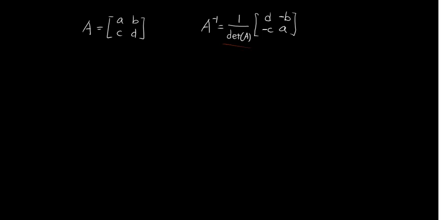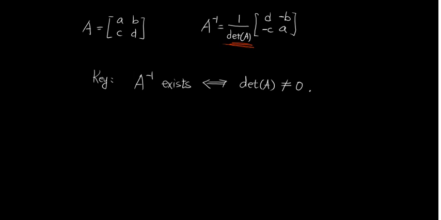You notice that this quantity is at the bottom. It is the denominator, right? So if it is zero, then this formula does not work. And if it is non-zero, then you can find the inverse. That's another reason that we want to study the determinant.